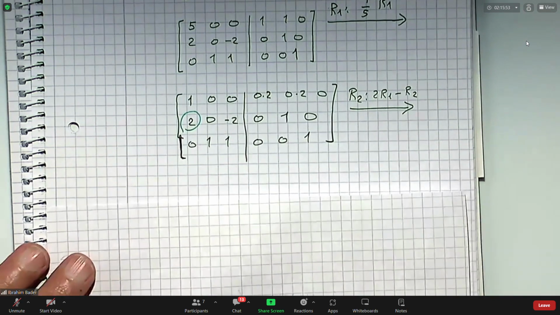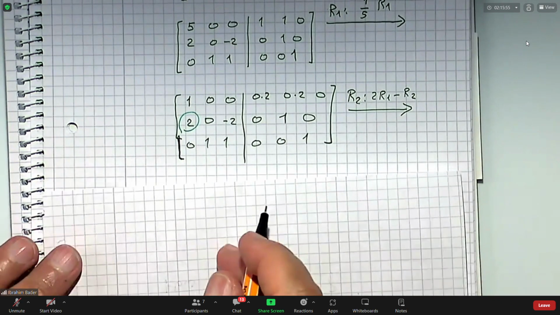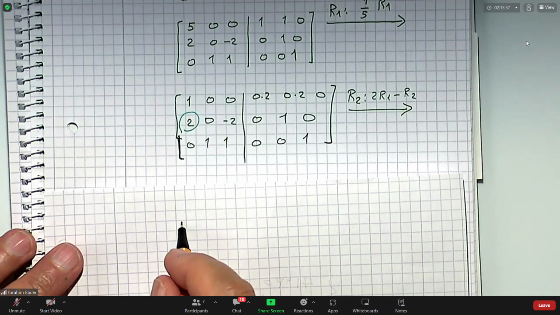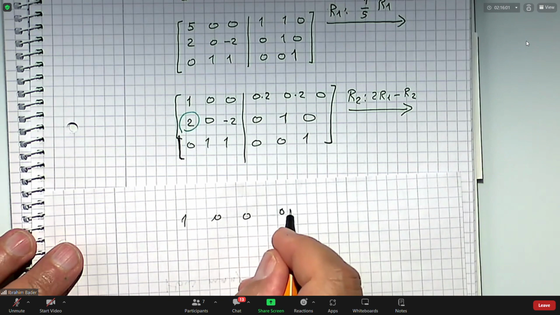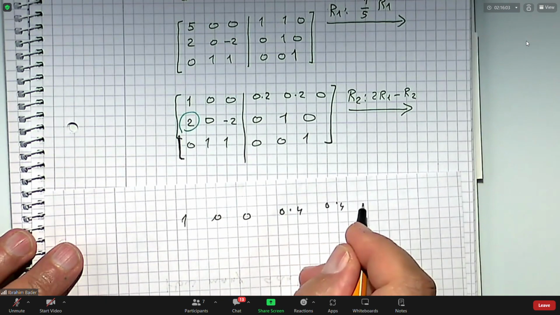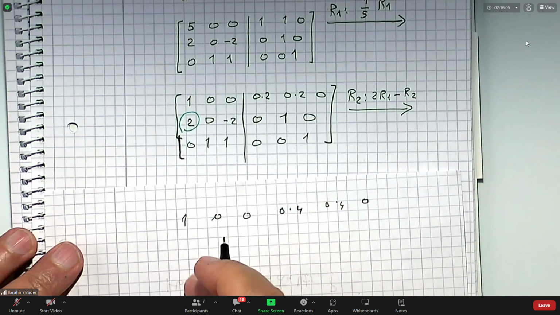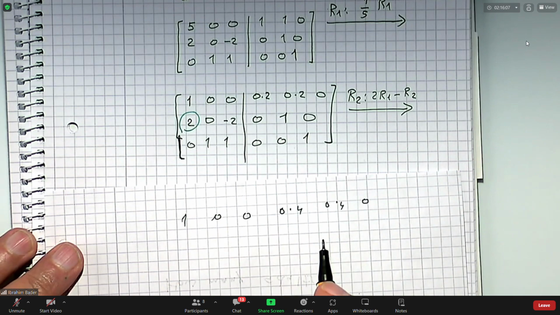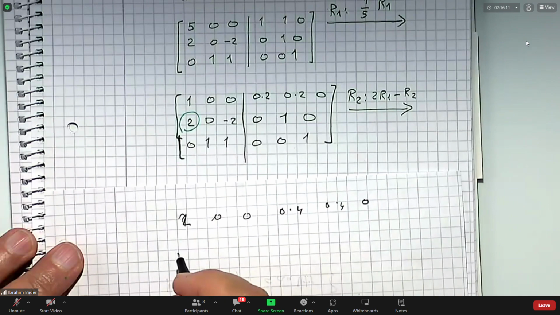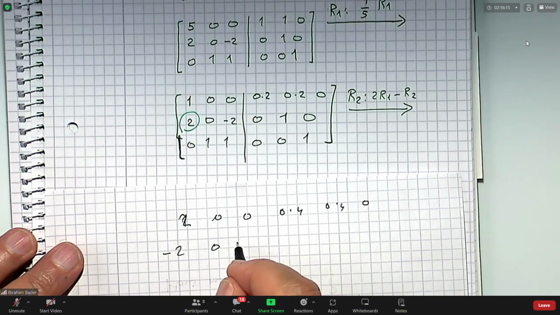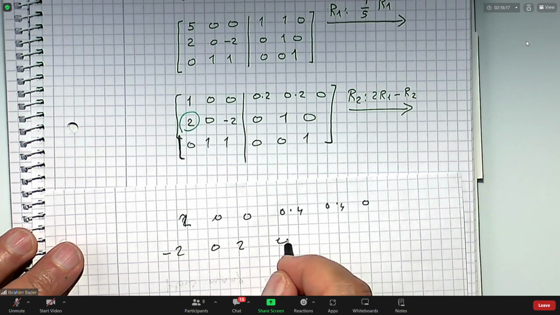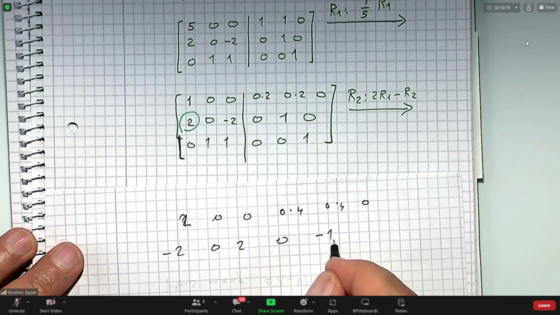So let me try to check it here. 2R1 is 1, 0, 0, 0.4, 0.4. And here down I have 2 here, of course. Negative 2, 0, 2, 0, negative 1, 0.